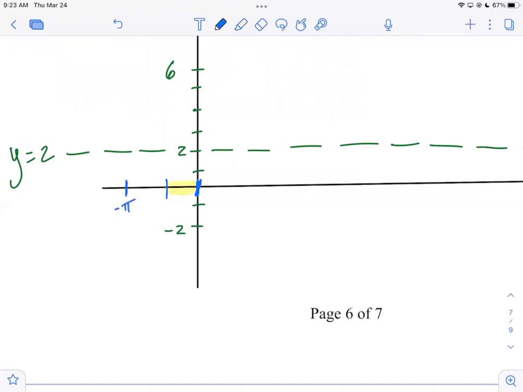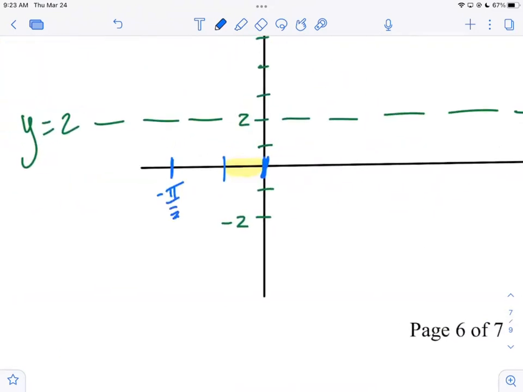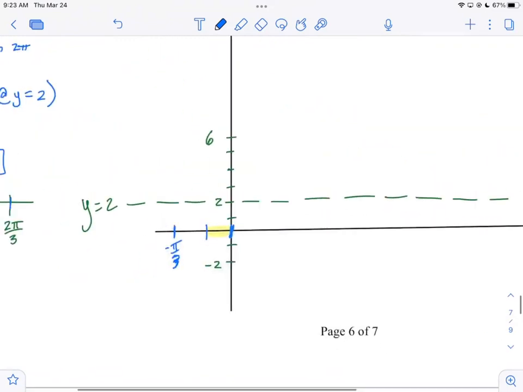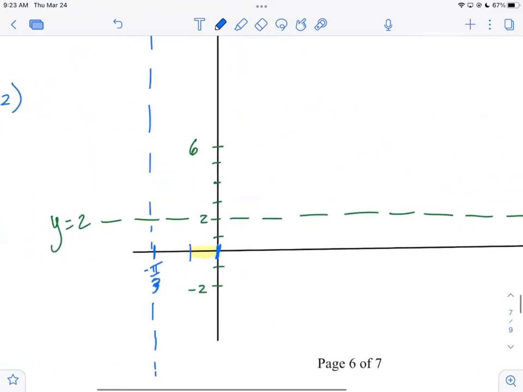That's my negative pi thirds. That's my horizontal shift left. And that's where I'm going to draw now my new vertical axis. All right, so that's your new y-axis. So you can see right here, negative pi thirds comma 2, that's like your new origin.